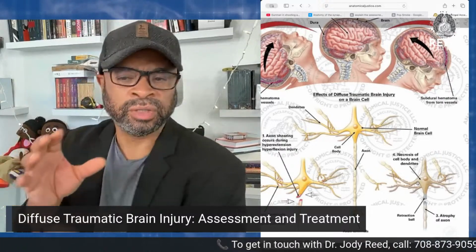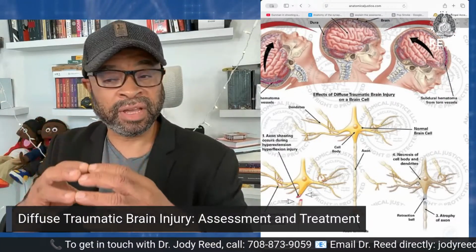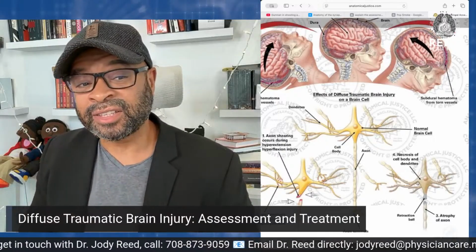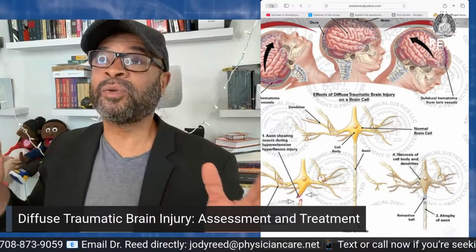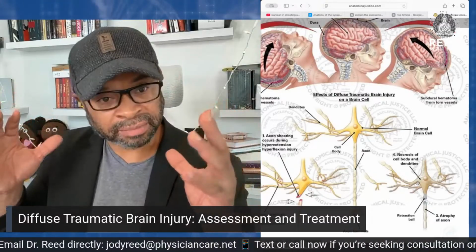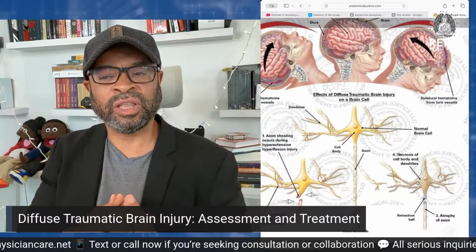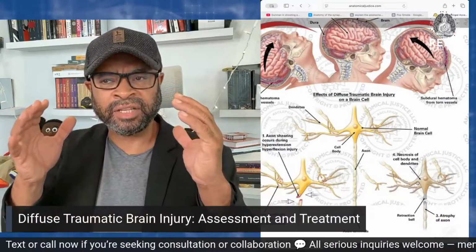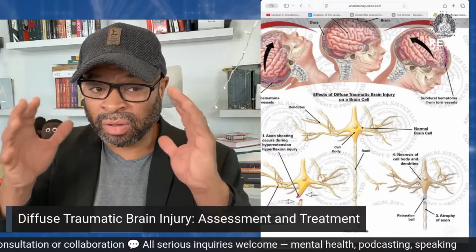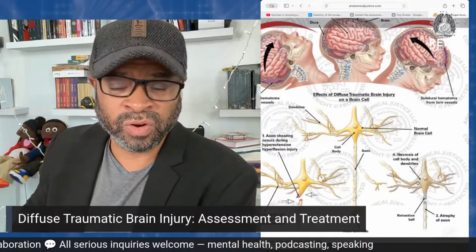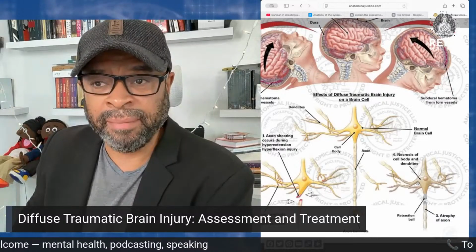In order to increase the inflammation, it has to make the blood-brain barrier porous. And because the blood-brain barrier is porous, now you get a state of confusion, difficulty focusing, difficulty concentrating, difficulty thinking, because the inflammation interferes with how all the networks function.